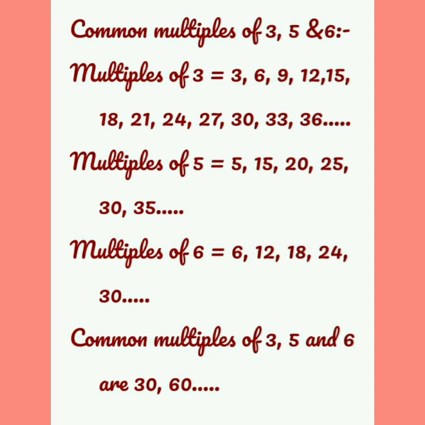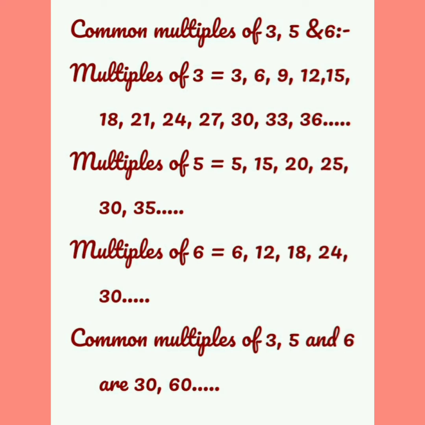Now one more example we will see: common multiples of 3, 5 and 6. Multiples of 3 are 3, 6, 9, 12, 15, 18, 21, 24, and so on. Multiples of 5 are 5, 10, 15, 20, 25, 30, 35, and so on.